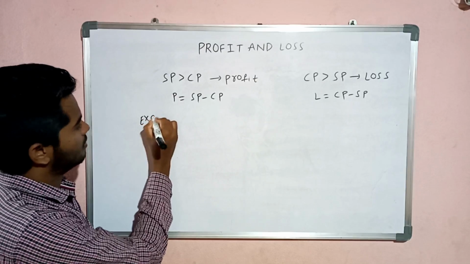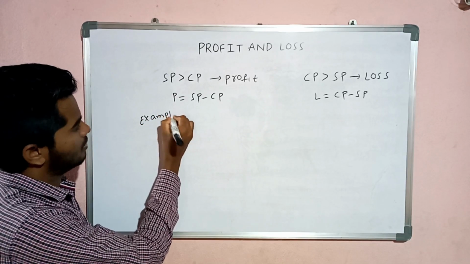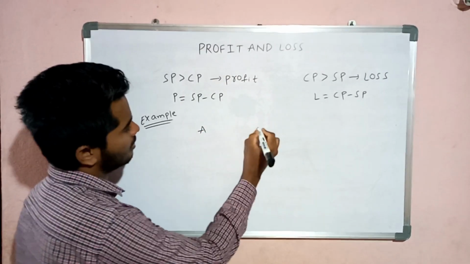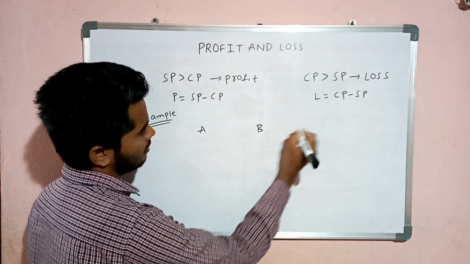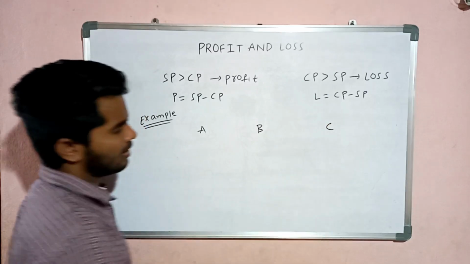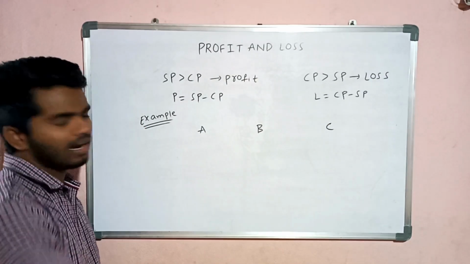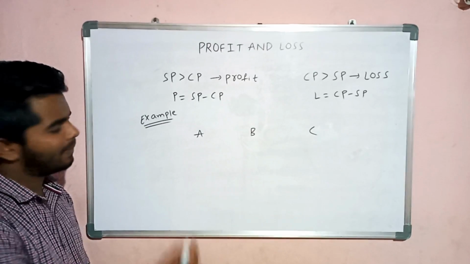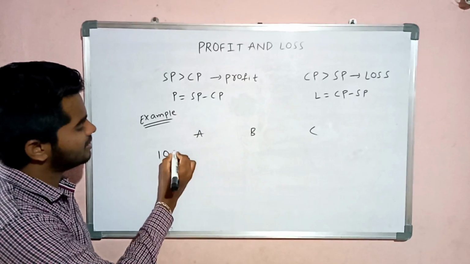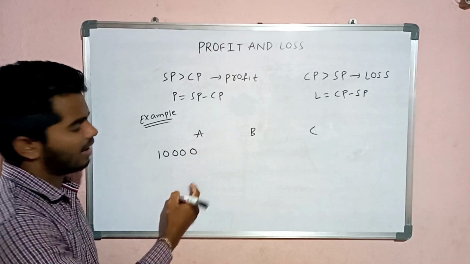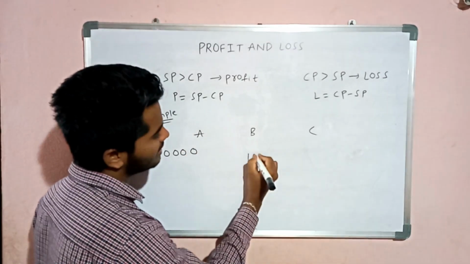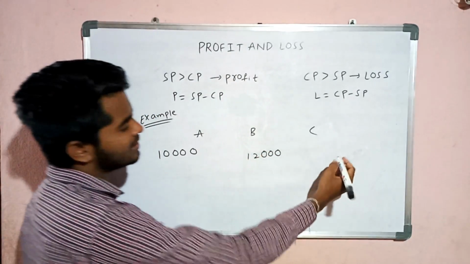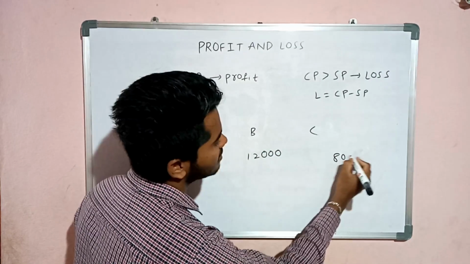Example. A, B and C are three persons. A purchased an article from a shopkeeper, the price is 10,000, and A sold to B, the price is 12,000, and B sells to C, the price is 8,000.